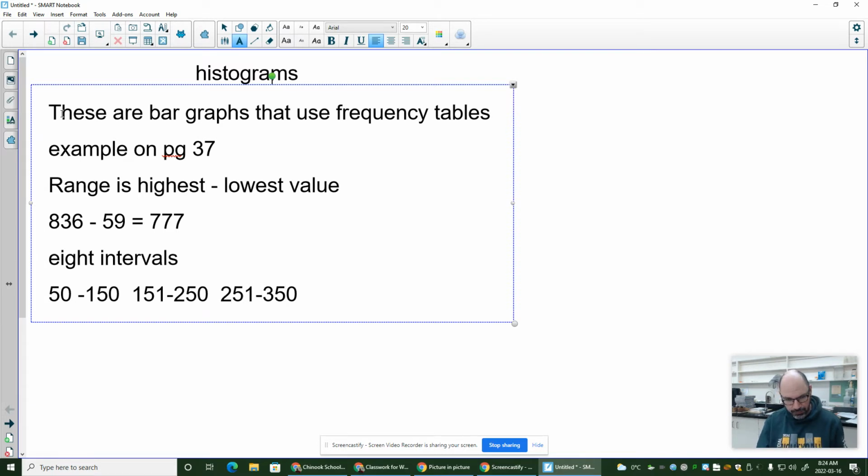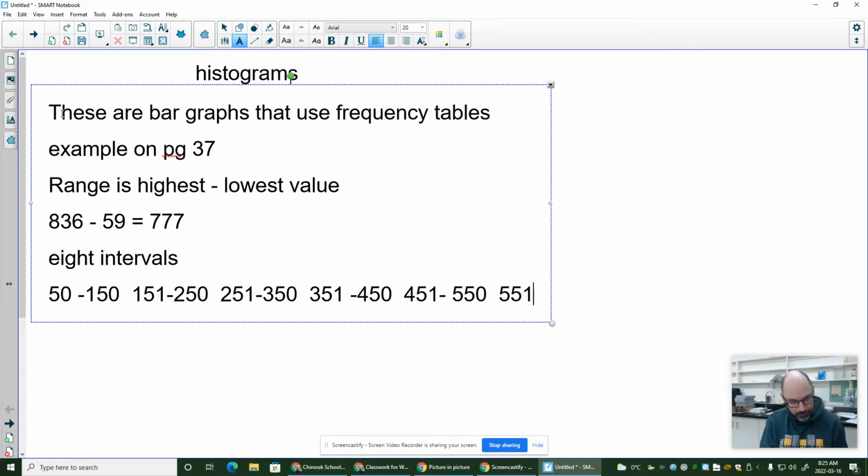Okay, and then we got 351 to 450, 451 to 550, 551 to 650, 651 to 750.